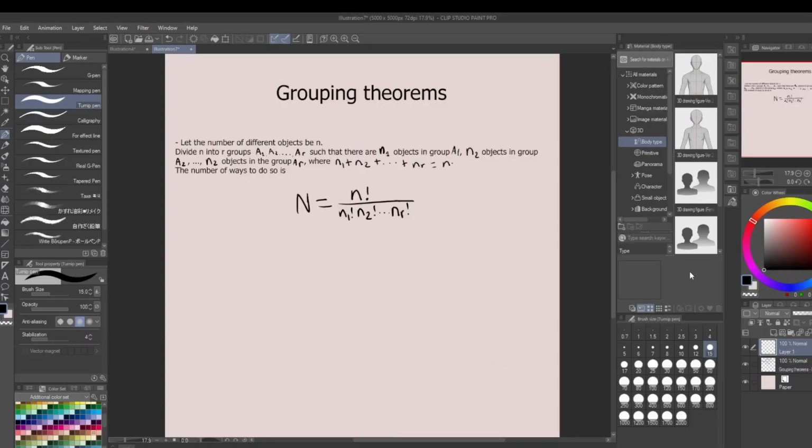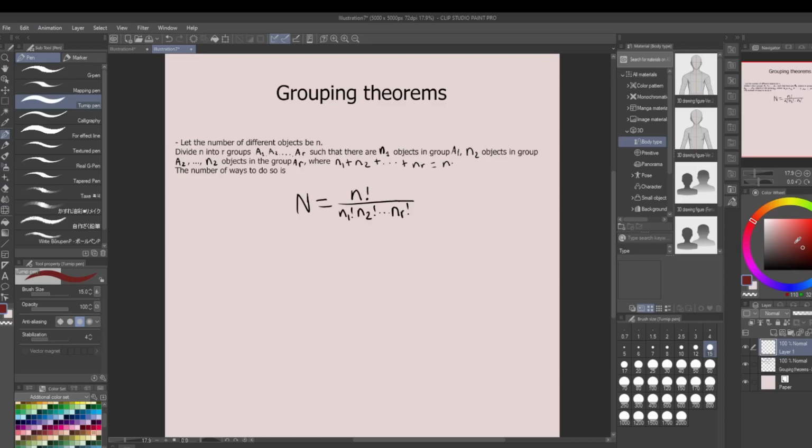Okay, so before I explain permutation with repetition with types, I'm going to explain what grouping theorems are because it's an important piece of information to know before I explain. Let the number of different objects be n.